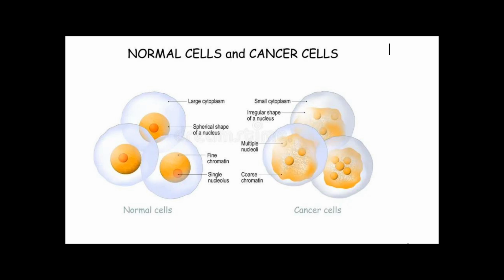In cancer cells, the cytoplasm is smaller because the nucleus occupies larger space, and the nucleus shape is irregular, and the nuclear boundary is also irregular.